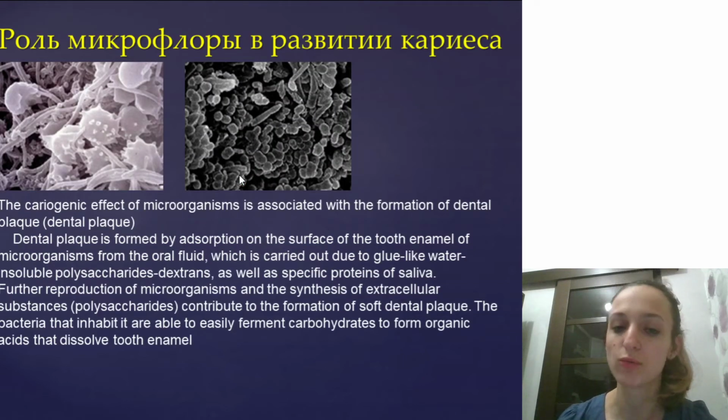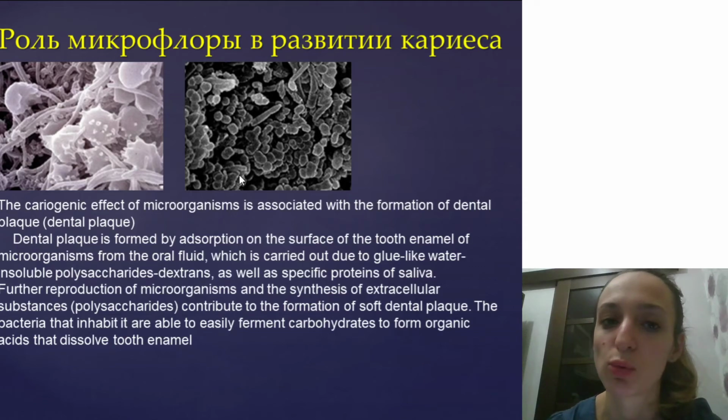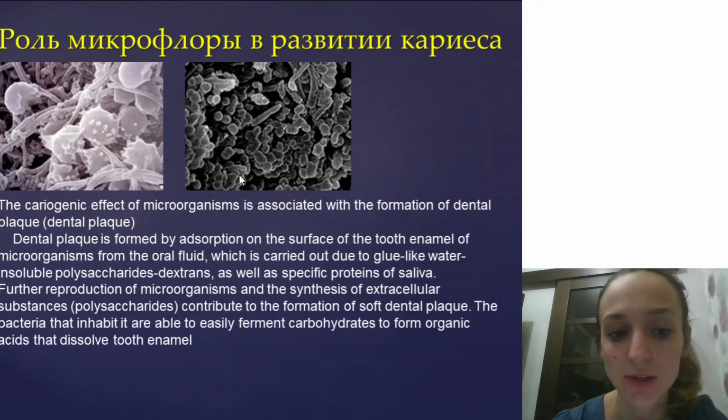And the role of microflora in the development of caries: the cariogenic effect of microorganisms is associated with the formation of dental plaque. Dental plaque consists of microorganisms, up to 70%. And dental plaque mostly contains basic types of microorganisms in varying proportion.